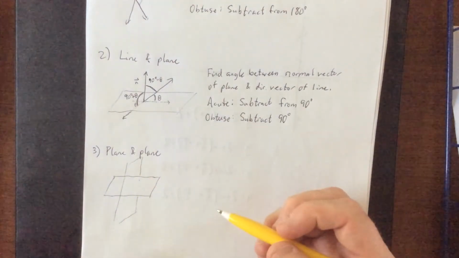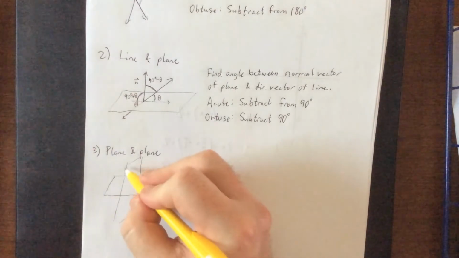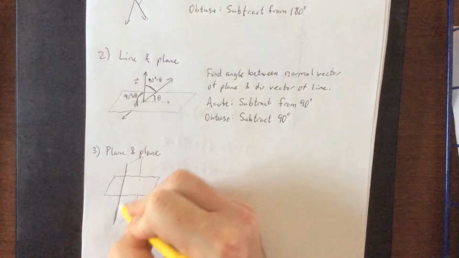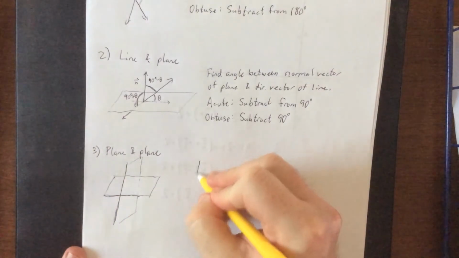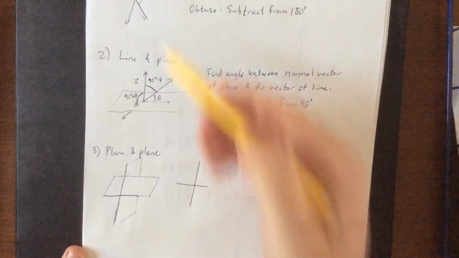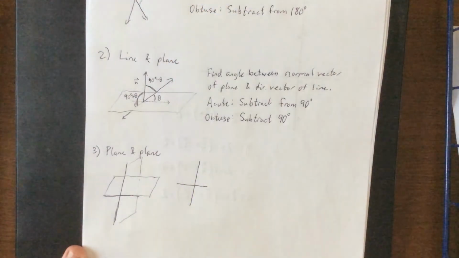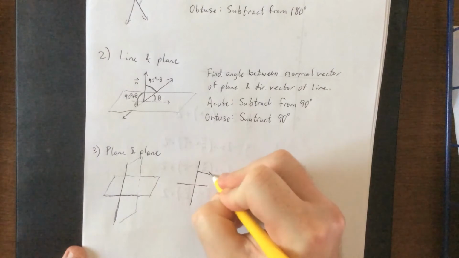Imagine that you're looking at the intersection of these two planes down one of its corners, so that all you can see is this side of the plane and this side of the plane. Well, then you know what you have? You have the intersection of two lines. And we basically already know what we're supposed to do there from the first case. However, unfortunately, we define these planes in terms of their normal vectors.